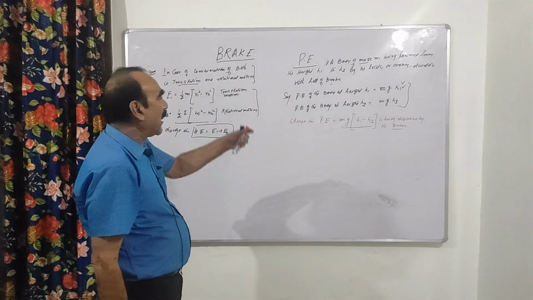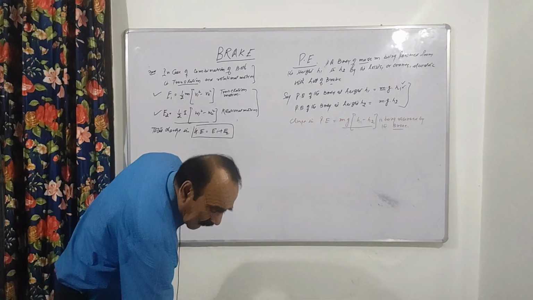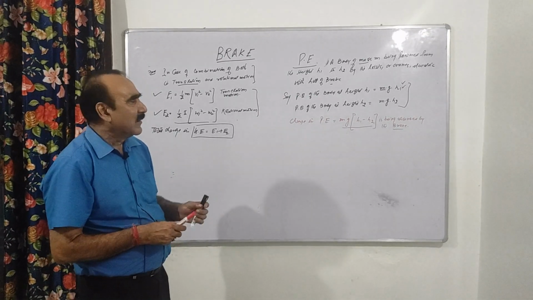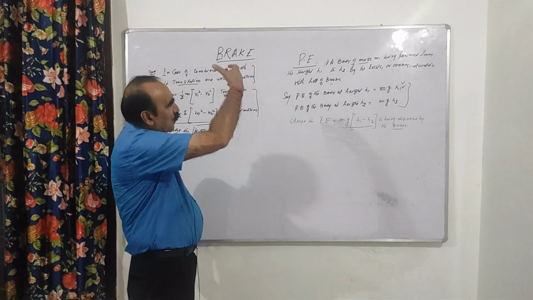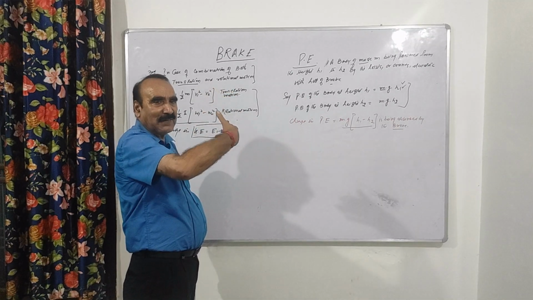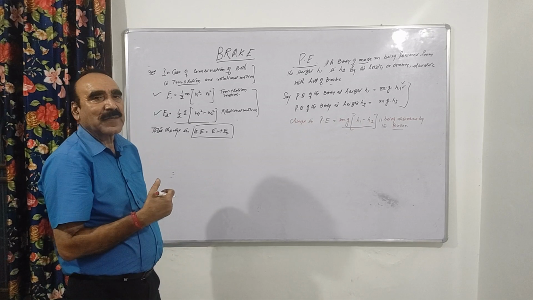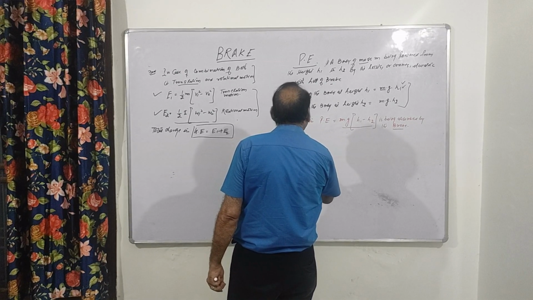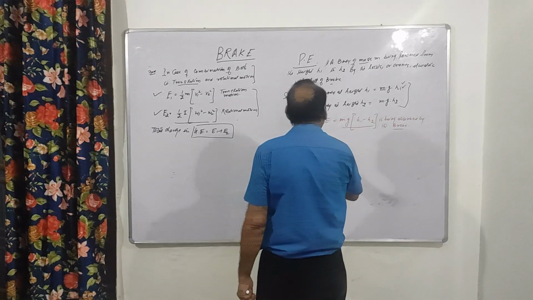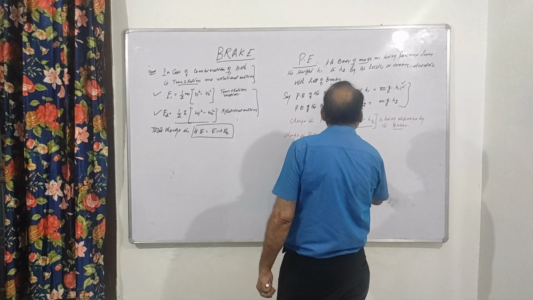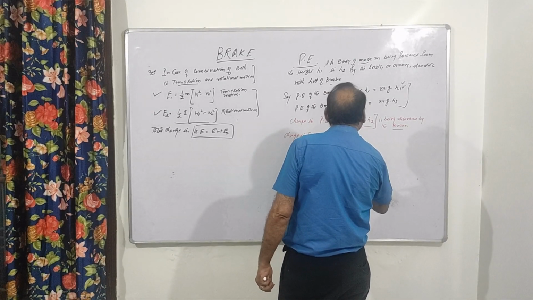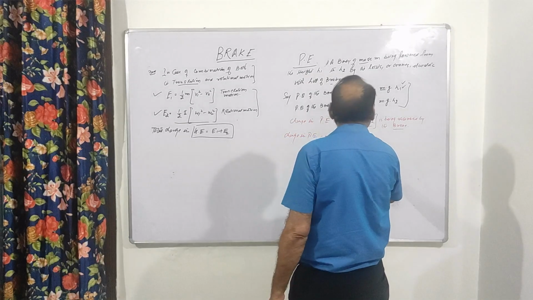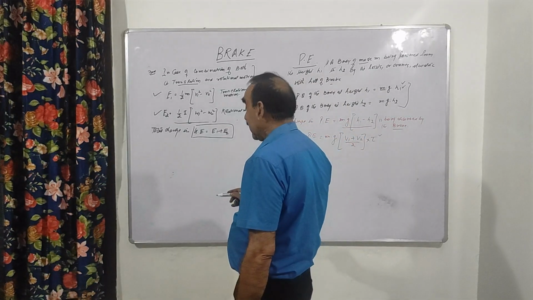In the second case, that was for the case of height. If in the second case we take that V1 and V2 are the velocity of the body before and after applying the brake, okay, if V1 and V2 are the velocities of the body while lowering, first the velocity was V1, V1 and V2 are the velocities before and after application of the brake. So in this case the change in potential energy is equal to mg, mean velocity, which is V1 plus V2 by 2, into t, right? mg into V1 plus V2 by 2 into t, where t is the time taken to apply the brake.